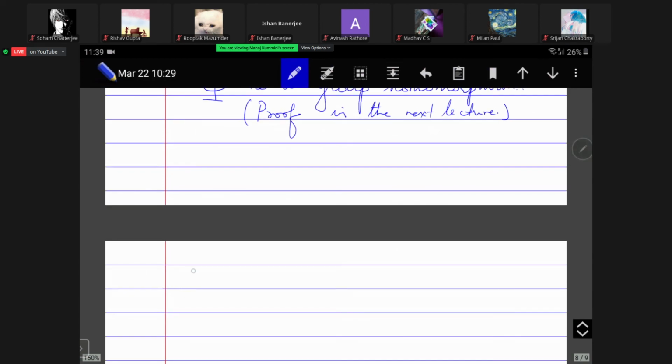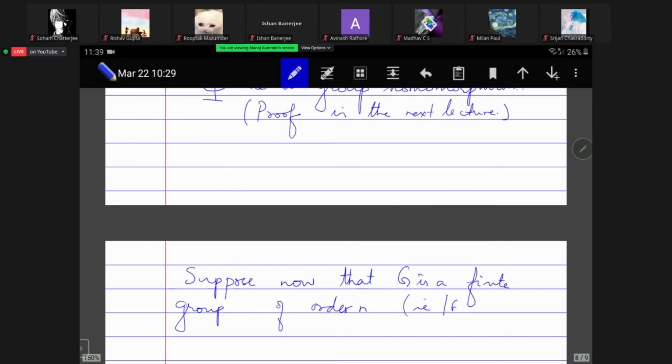Suppose now that G is a finite group with n elements, of cardinality n, of order n.